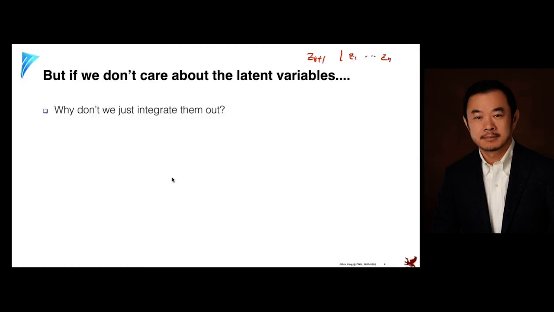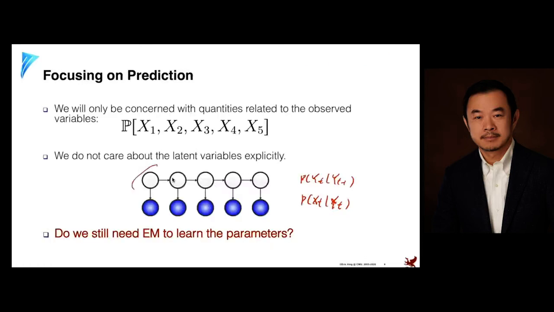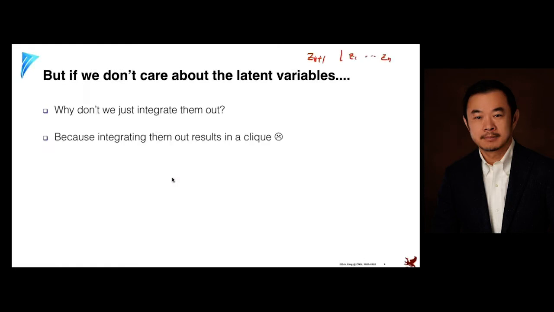So that idea can actually be used in any latent space model. In here, in the HMM, we could imagine this part gets integrated out. If that's the case, what's the consequence? Why didn't we do that in many complex graphical models like the HMM?